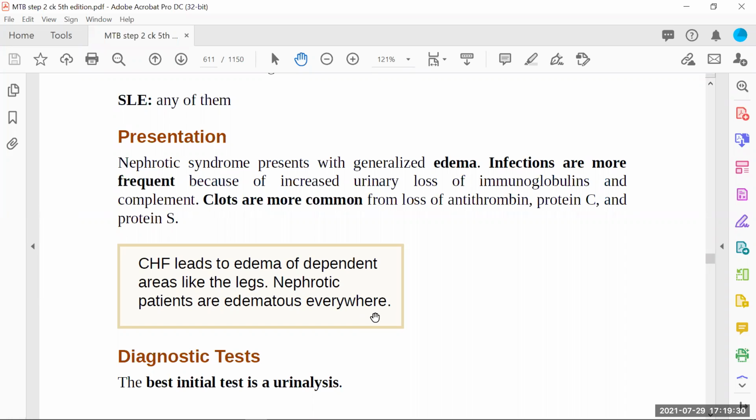The protein is the one that maintains the intracellular and extracellular oncotic pressures. So think about whenever there is an edema because of nephrotic syndrome, that is all over the body. But if it's only restricted to the leg areas, then we can say it may be the result of congestive heart failure, not nephrotic syndrome. But nephrotic syndrome presents with edema all over the body.